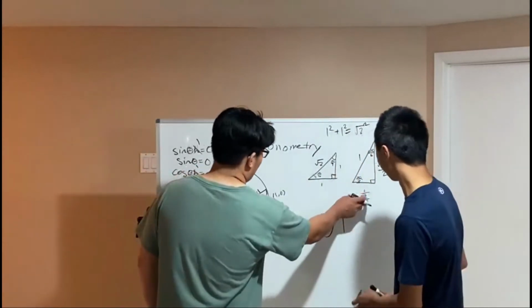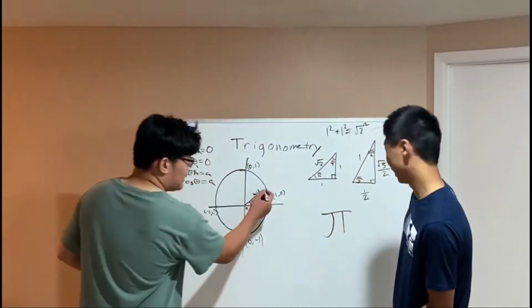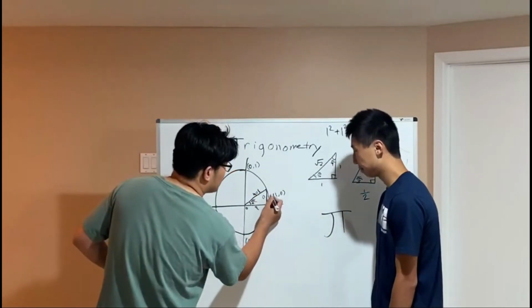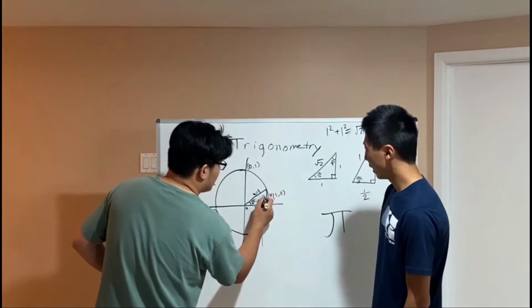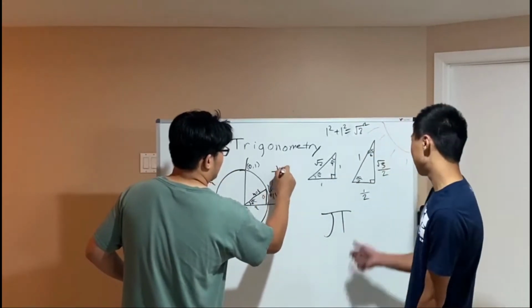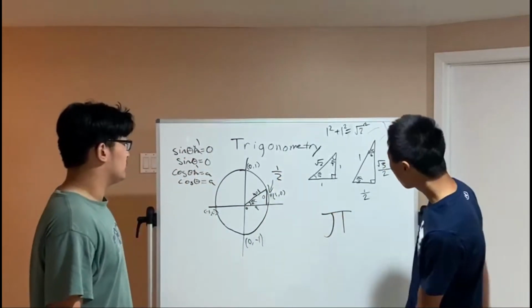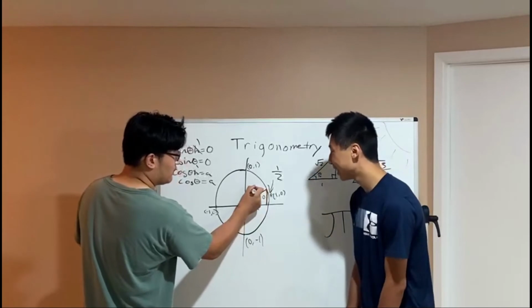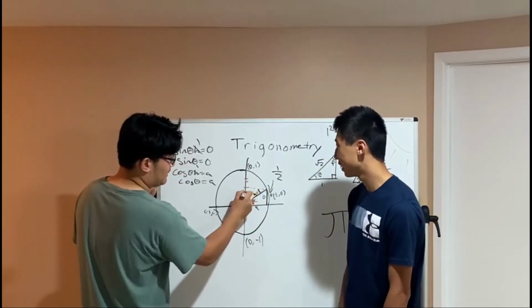However, the opposite will be equal to 1 over 2. You can see how this side is shorter, and you can see how this is approximately half.